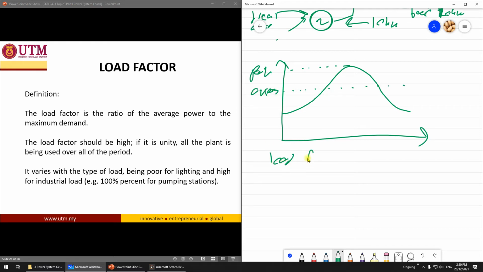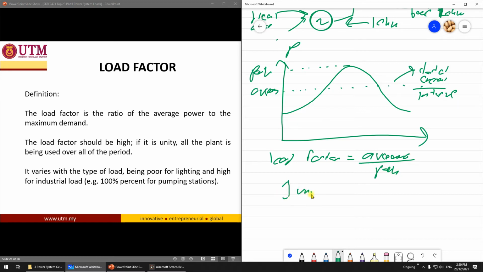So load factor is equal to the average, remember the average is the total energy divided by the interval. Remember that I said find the area here, then divide by the interval, that gives the average. So load factor is basically average divided by peak. We want the better one, which is 1, unity, and lower is bad.